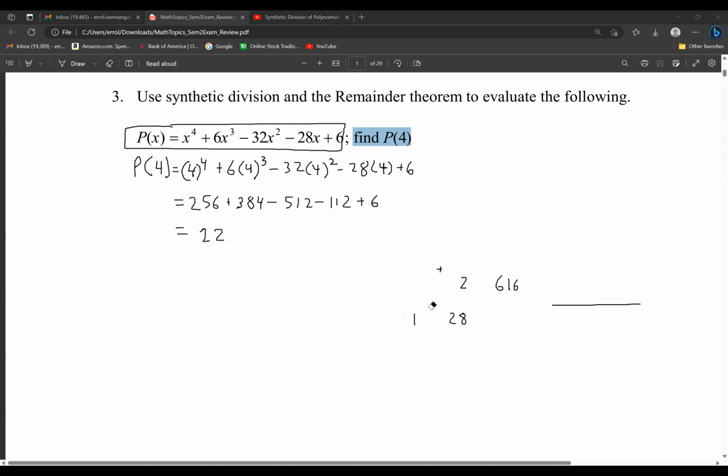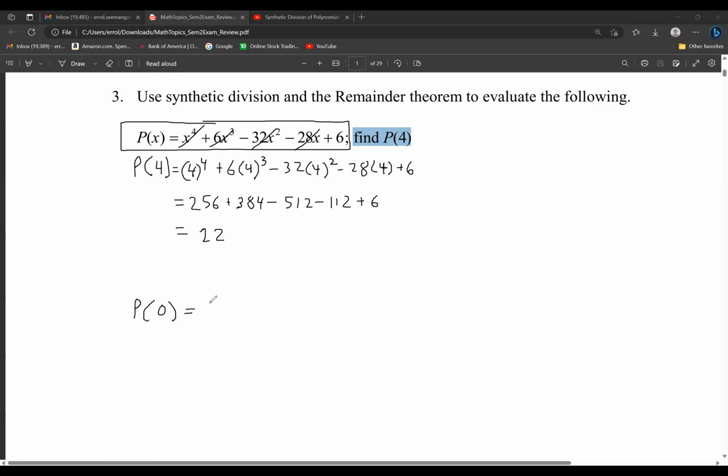We skip one step. Look at this right here. If x is 0, that'll go to 0, that'll go to 0, that'll go to 0, that'll go to 0, right? So P of 0 would be just 6. That's the only thing that's left over.